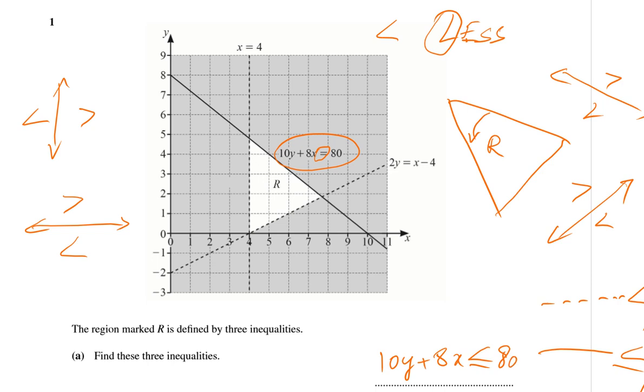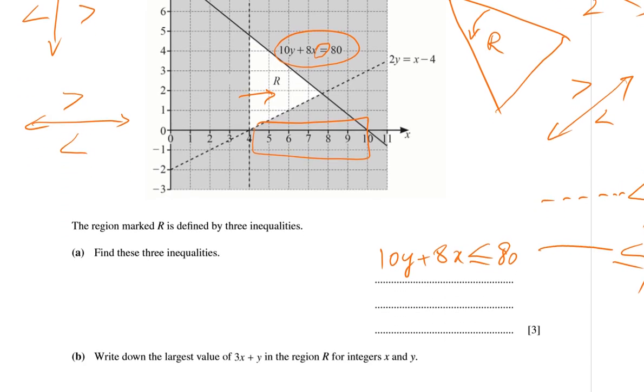According to the vertical line, the region R is on its greater side. As you can see, these numbers are greater and the numbers on the left are less. So this equation x is equal to 4 will be shown with the dotted line, so we will show that x is greater than 4.